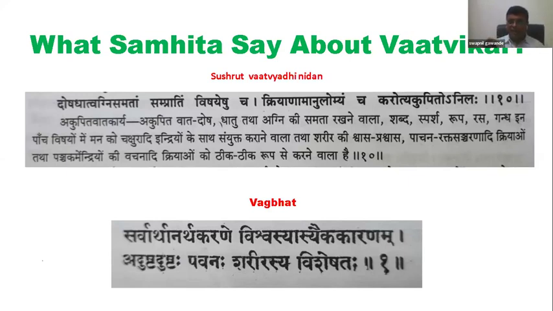So it means that already our acharyas, our granthas, our texts accept what is the only karak, what is only responsible for every condition, or every movement in the body.